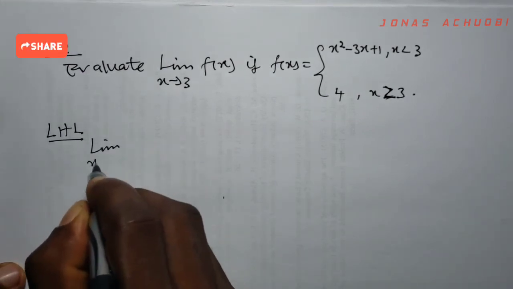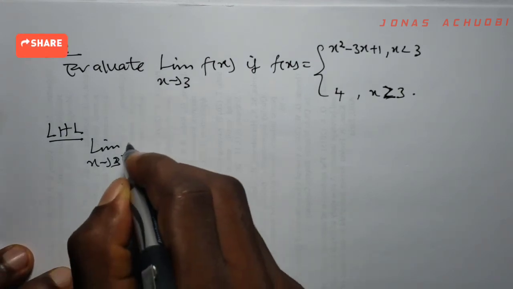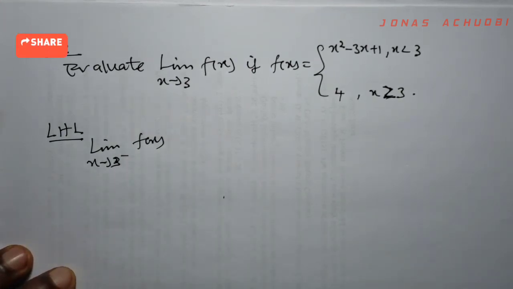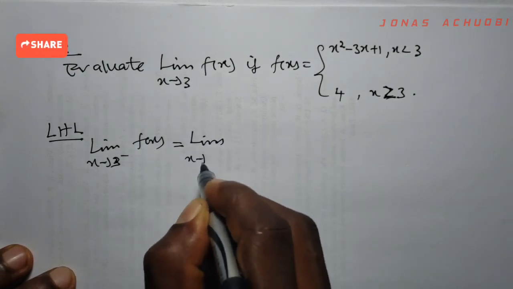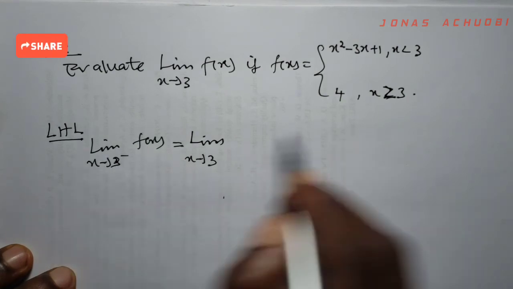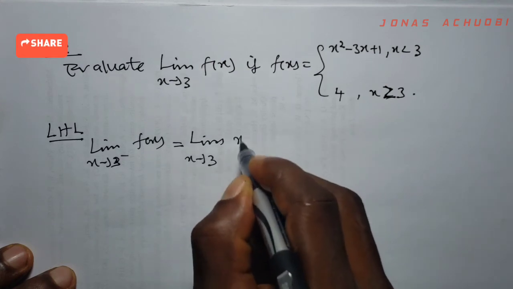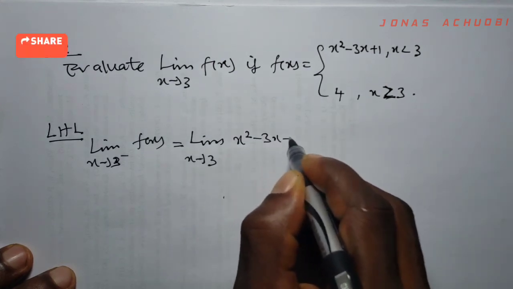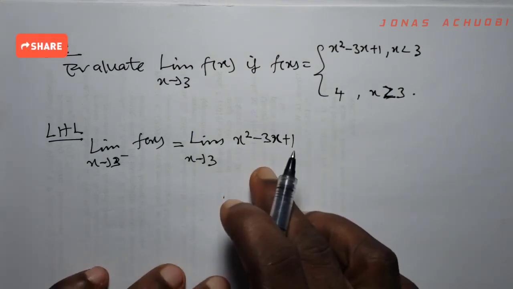So the left hand limit as x tends to 3 from the left of the function f of x is equal to the limit as x tends to 3 to the left of 3, where we have x less than 3. So the function is defined as x squared minus 3x plus 1. And again, this is a polynomial function.